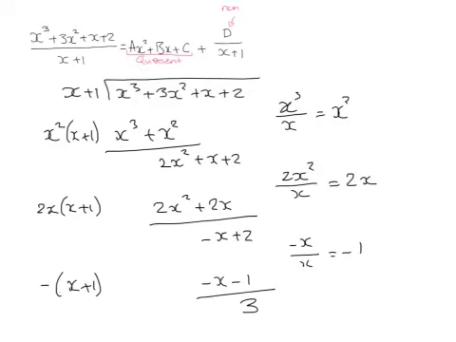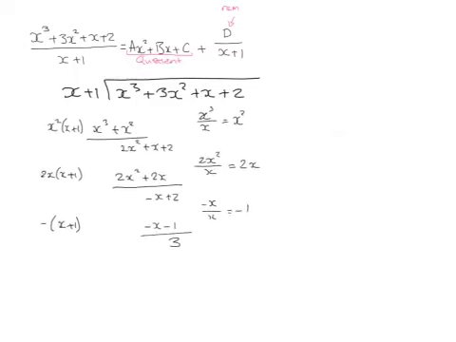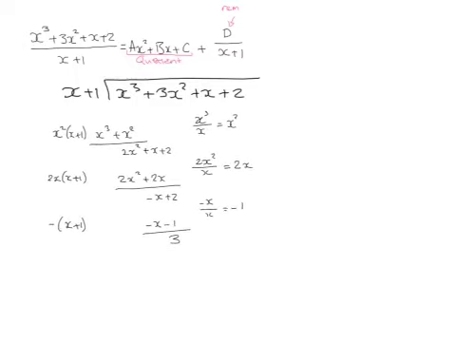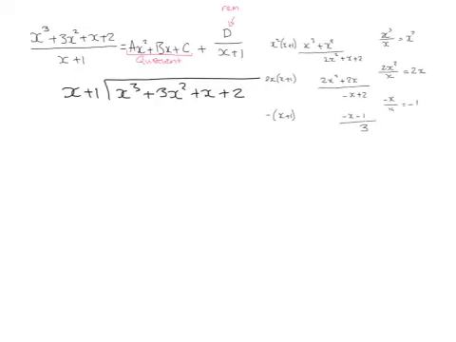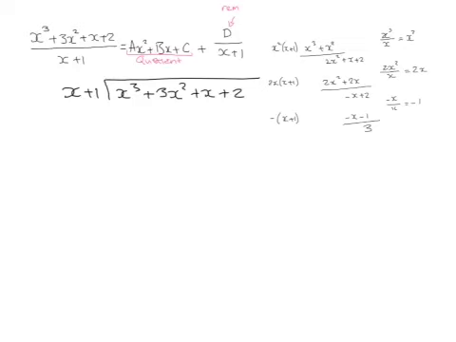Okay, stop. So I get, as my answer, okay, my quotient is x squared plus 2x minus 1. Let's put that there a minute. And let's see what I got. So this is what I got.